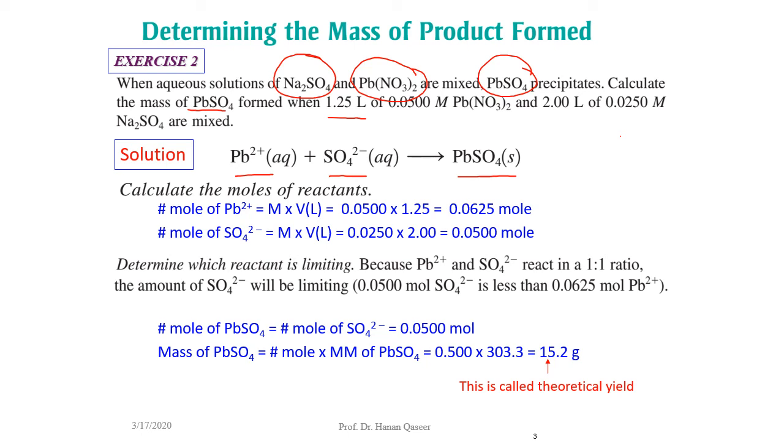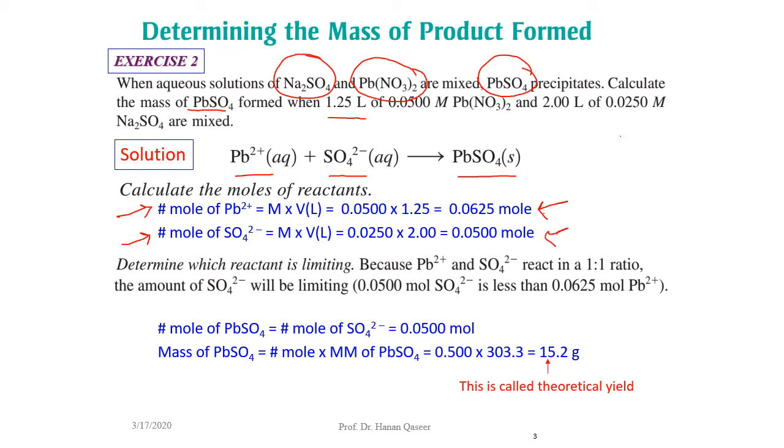We have to calculate the number of moles of lead ion, which is equal to molarity of lead nitrate multiplied by volume, and this leads to 0.0625 mole. The number of moles of sulfate anion, same thing, molarity multiplied by volume, is equal to 0.0500 mole.